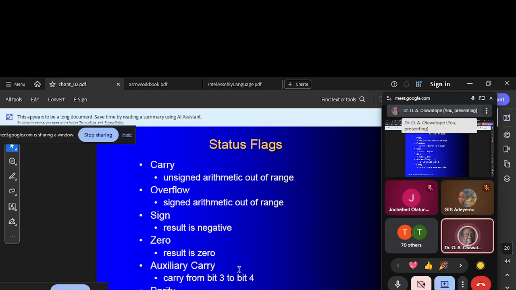Now let's look at the status flag. The status flag, as I told you, contains or presents the status of operations that are currently ongoing. For example, if you have performed an arithmetic operation and there is a carry, say in base 2, 1 plus 1. If you do the addition, it's going to result in 0, 1. What does that mean?